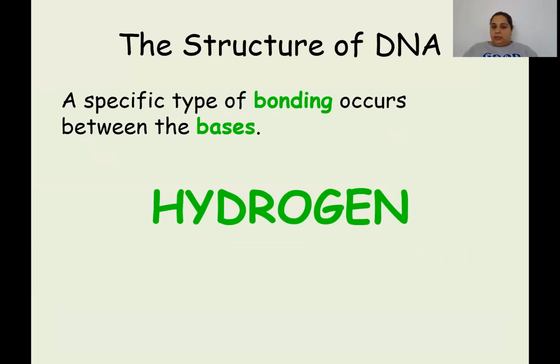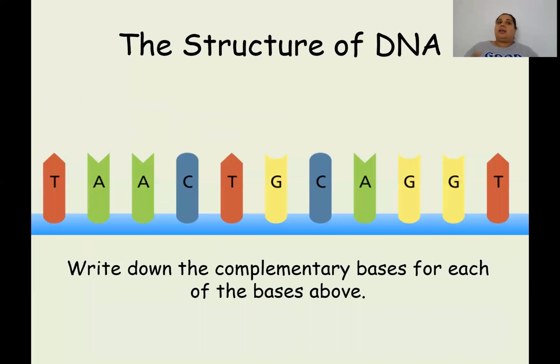So that is essentially the basic information that you need to know about the structure of DNA. In a couple of slides time, we'll go into the structure in a bit more detail. But before we do so, here is something on the screen where you've got one strand of the DNA and the bases are there. In an exam, a question could be to write the complementary bases for that sequence.